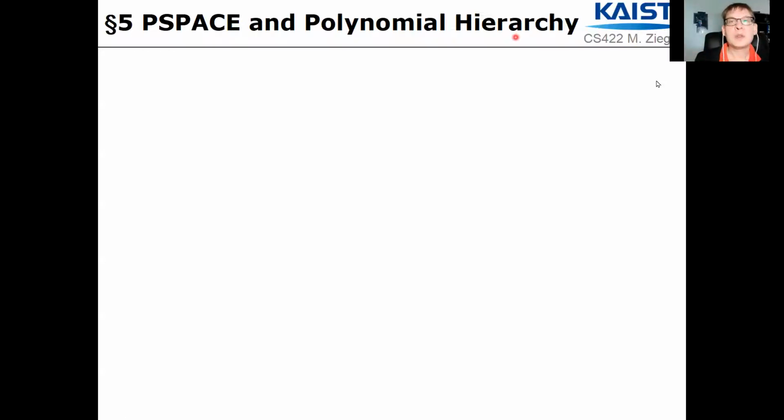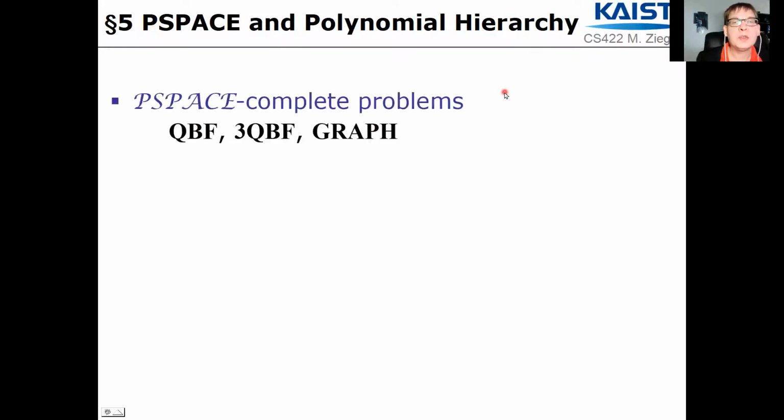And as polynomial time reduction is a resource-bounded counterpart to computable reduction, the polynomial hierarchy is a resource-bounded counterpart to the analytic hierarchy. But we're going to get there later in this chapter 5. So let's start chapter 5 with an overview.